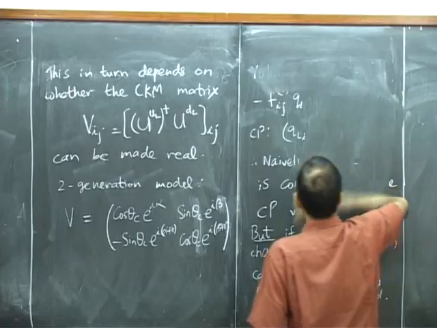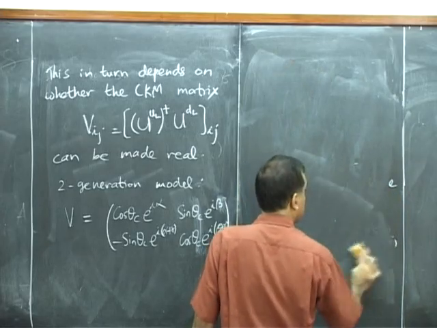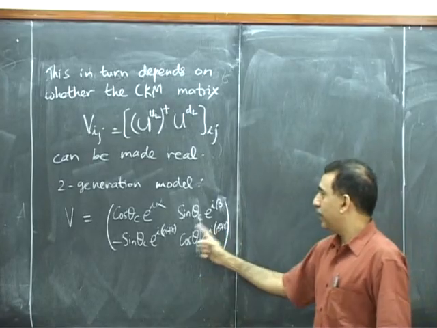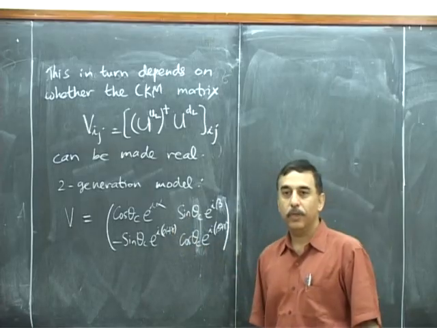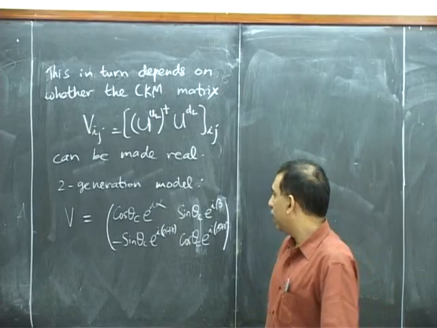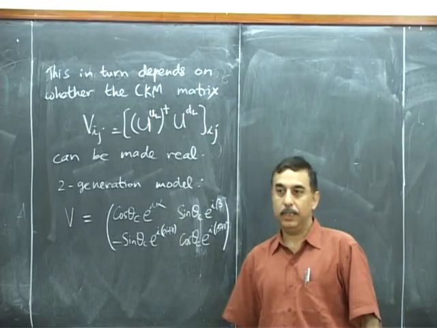And now, in this 2 by 2 basis, we are allowed to make further changes. So the question is now, how do we ask whether we can remove all the complex parts of this matrix? And you see that amounts to removing alpha, beta and gamma, but leaving theta.